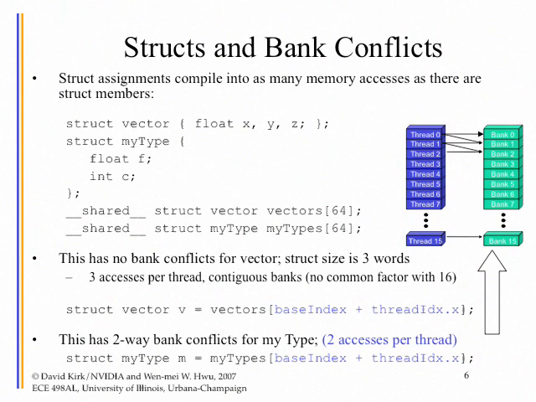So let's look at this piece of code here. Each thread loads a vector element into a variable. Vectors is in shared memory, and by loading that element, you're implicitly loading 3 consecutive words.